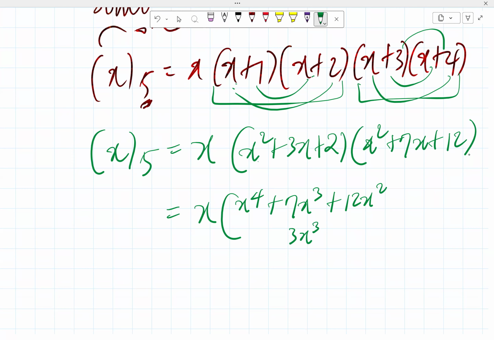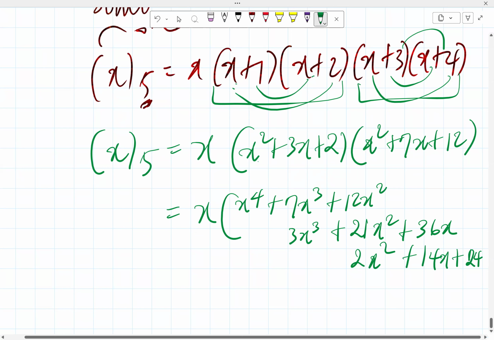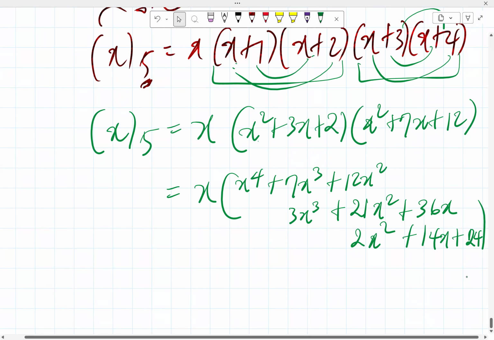Let me arrange it for easy addition later. 3x times 7x is 21x squared. 3x times 12 is 36x. Then 2 goes over: 2 times x squared is 2x squared, 2 times 7x is 14x, 2 times 12 is 24. So we can tidy up all of this.